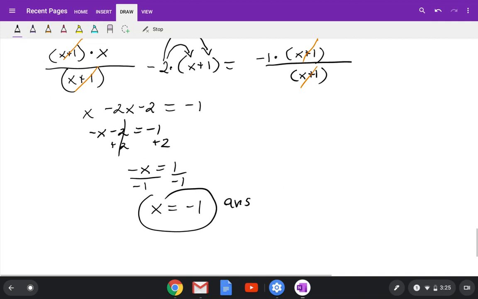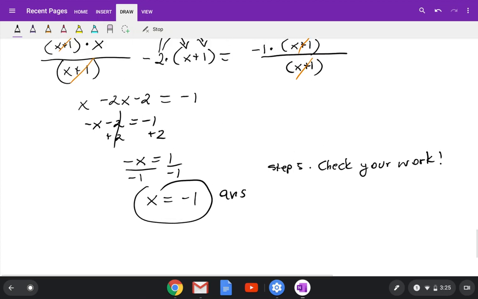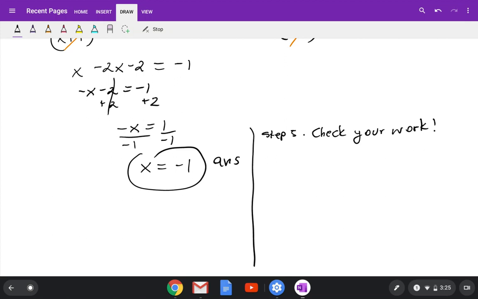Step 5 is check your work. Going back to the original, let's just put it here.